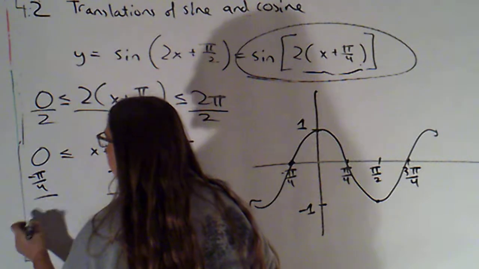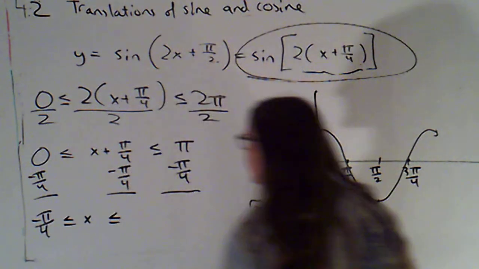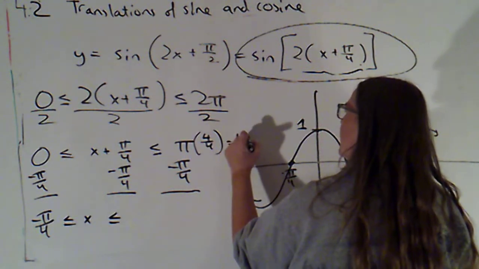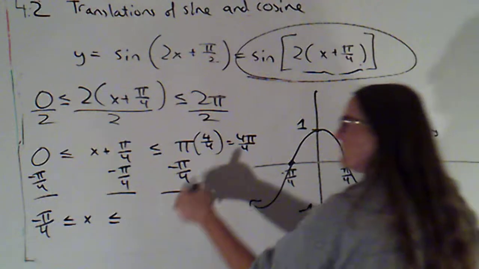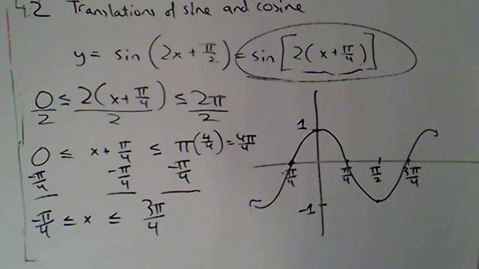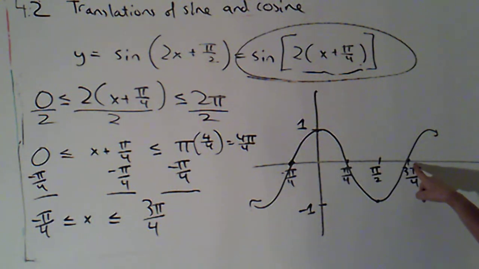So I get negative pi over 4, less than or equal to x, less than or equal to... Notice that pi was the same as 4 pi over 4. 4 pi over 4 minus pi over 4 is 3 pi over 4. Nice. There's my starting point, and there's my ending point. So I just got that information by solving that inequality.